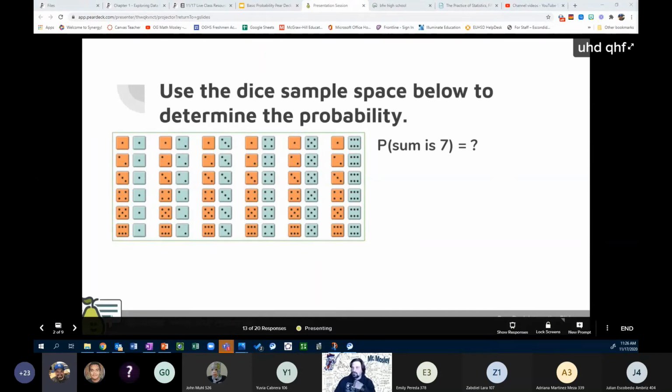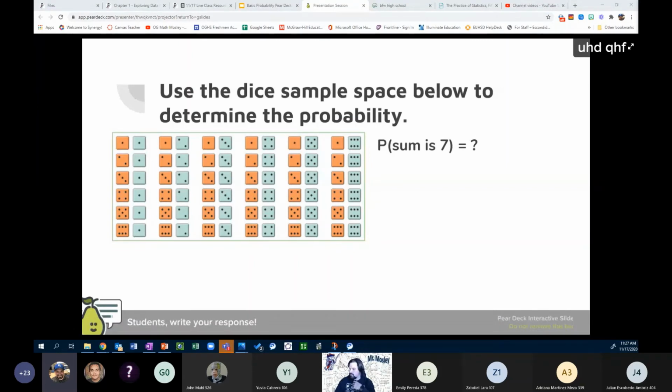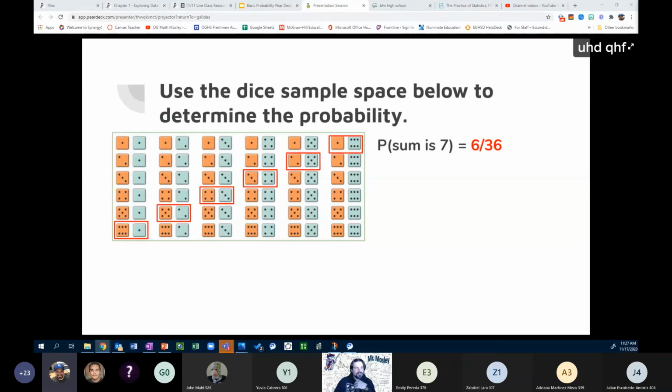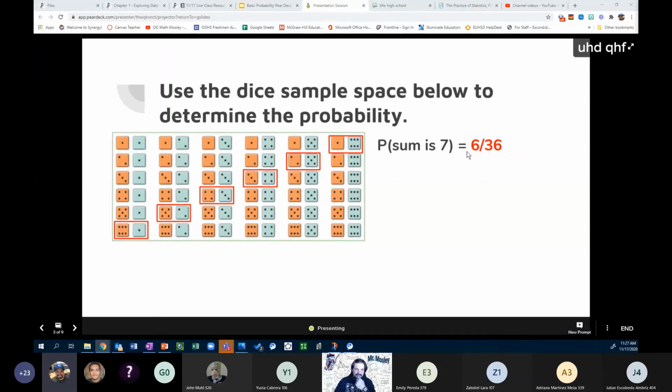Here is our solution. The probability that the sum of the 2 dice is 7 is 6 out of 36. This is just asking for the probability.